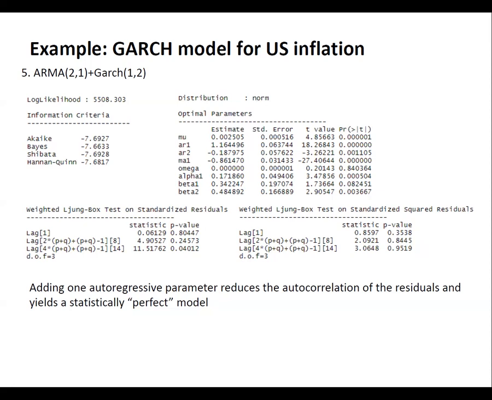That is, we can say in general that we have already removed the autocorrelation from the residuals themselves. By adding one autoregression parameter, we got a decrease in autocorrelation and a statistically ideal model. Now the ARMA plus GARCH model for inflation has been built correctly.